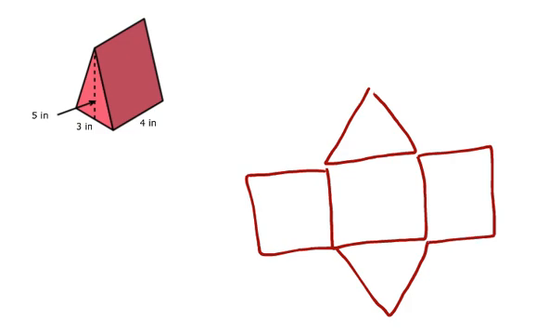And when you fold it together, you get your triangular prism. So you have 3 for this one. Let me change the color. 3 for that, 3 for this. And then this is 4. And the height of that is 5. So that means these are 5.